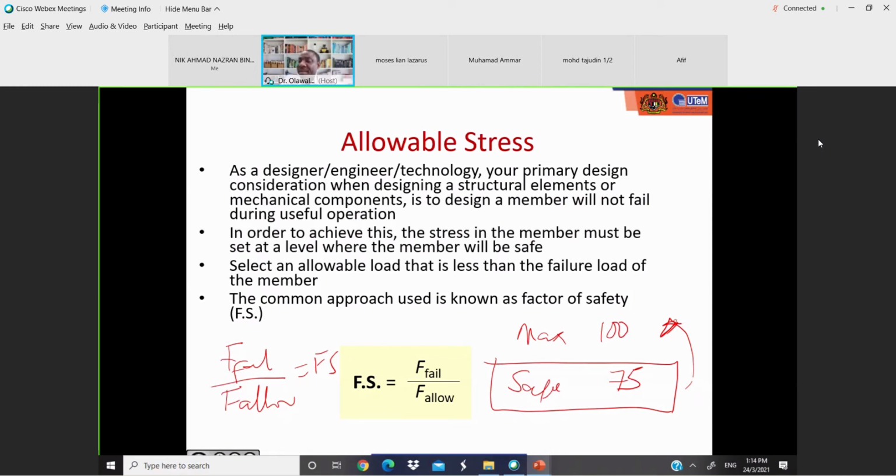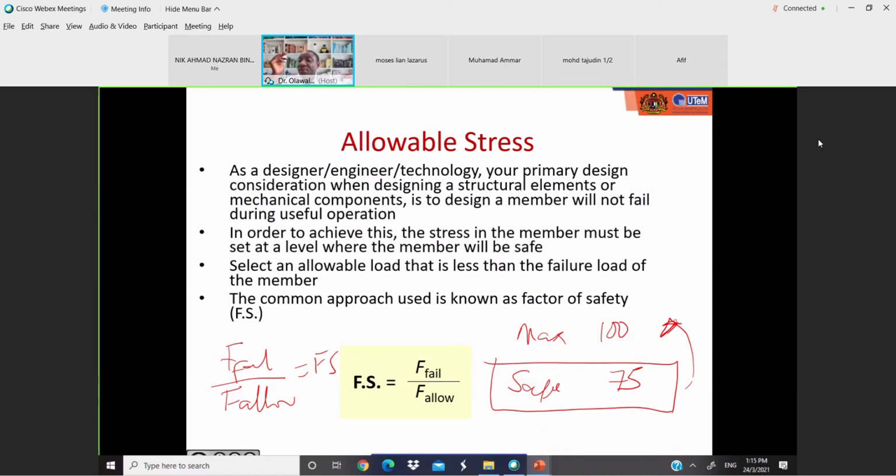Depending on your application and the material you are using, your factor of safety will differ. For example, if you are designing an aeroplane that flies in the air, because you'll be flying at 4,000 feet above sea level, your factor of safety should be very high, about 20 or even 40.